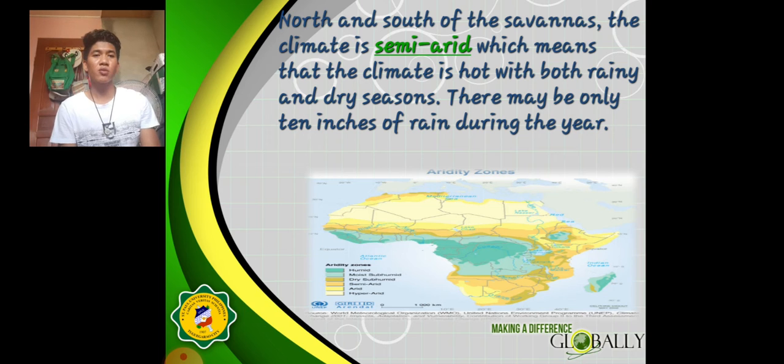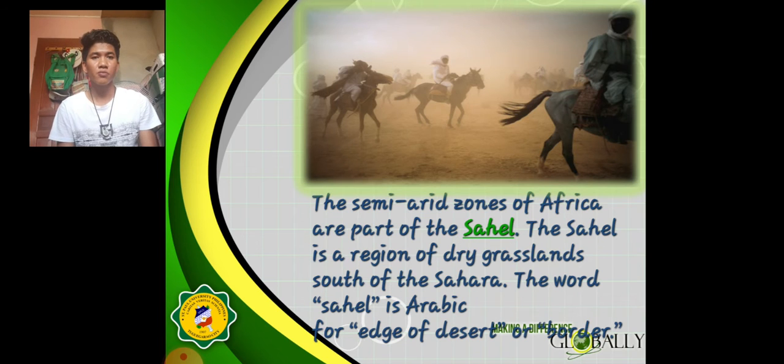North and south of the savannas, the climate is semi-arid. It means that the climate is hot with both rainy and dry seasons. There may be only 10 inches of rain during the year. The semi-arid zones of Africa are part of the Sahel also.